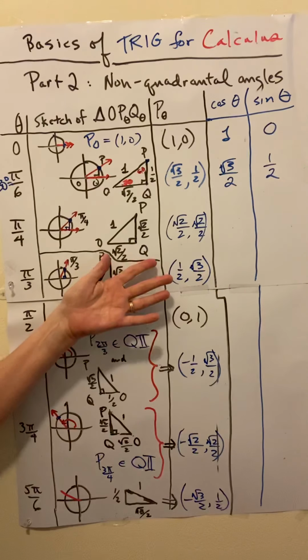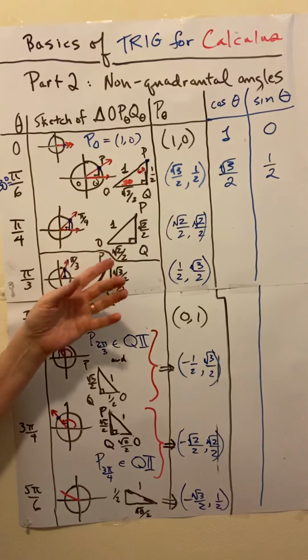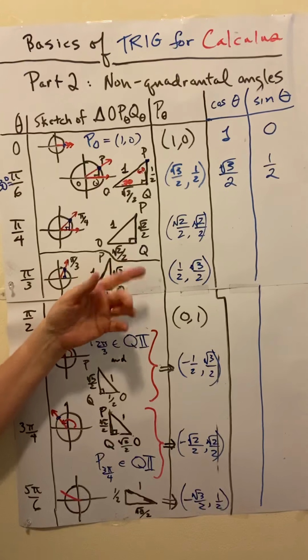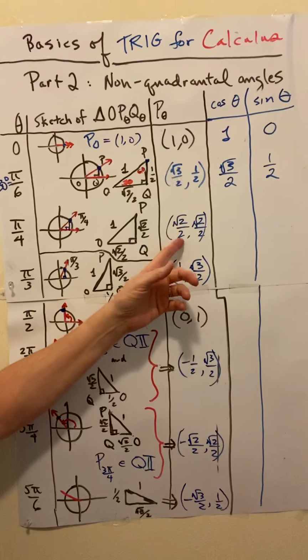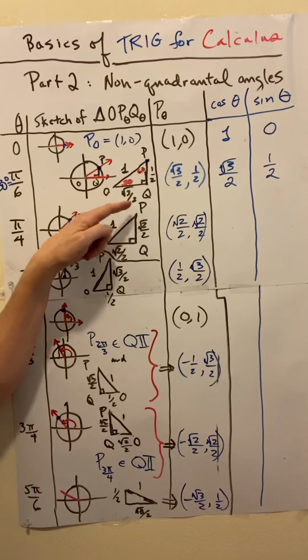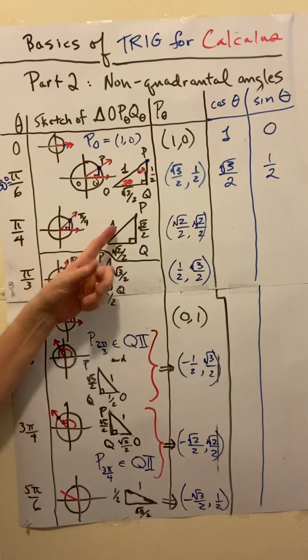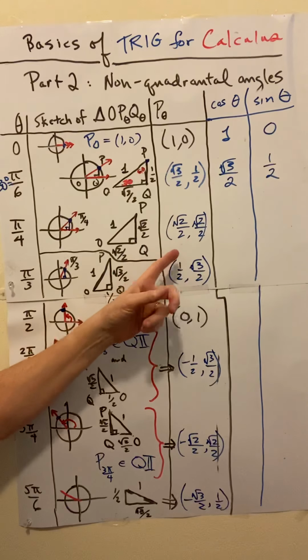Find that triangle, put on its lengths that you know so well for these special angles, and pull off the coordinates of that point P, always asking yourself as you go what quadrant this is in.